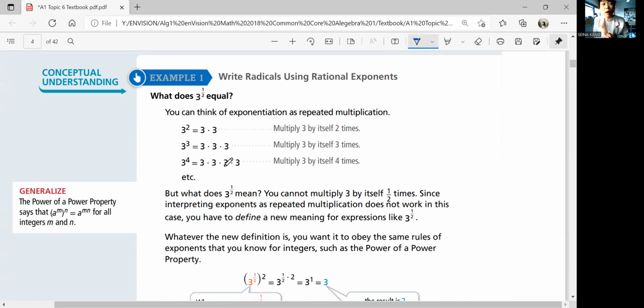But what does the rational number, the fraction, mean in the power? You cannot multiply 3 half times. What does that even mean, right? Thinking about the definition of power and exponents as repeated multiplication, it doesn't really work in this case, so you have to define a new meaning for rational numbers.